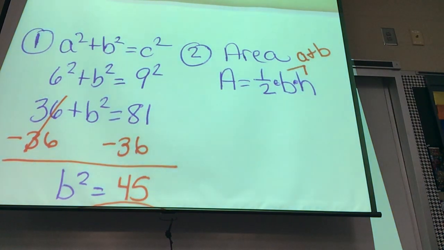When we use b, do we use 45 or 6.7? Well, it's going to depend on what they're wanting from you. Are they going to want the exact answer, or are they wanting a rounded answer? Probably rounded, right? So if they're wanting a rounded answer, then we can use the decimal form.